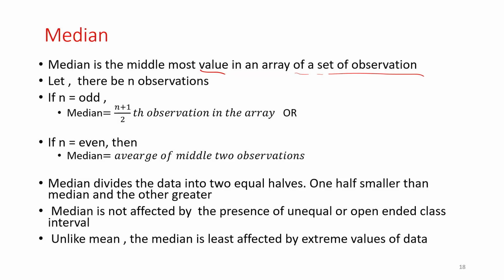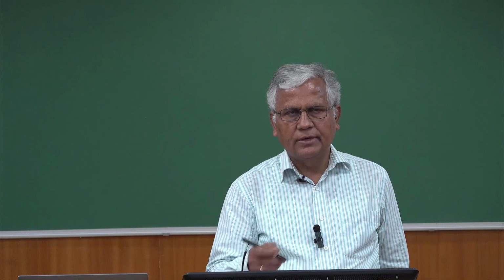If n is odd, the median is the (n plus 1) by 2th observation in the array. So first, the data set is there, we have to make an array, either in increasing order or decreasing order. That is the first step. Second step is to find out how many observations are there. If it is n, then we have to find n plus 1 by 2 if it is odd.